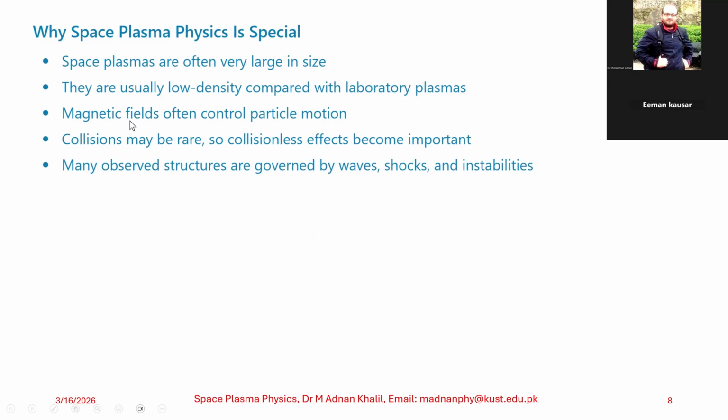So magnetic fields often control the particle motion. As I told you, the Earth has a protective magnetic field. They can be influenced to control the motion of the plasma particles. Once the density is low, we can say that the plasma is collisionless. Many observed structures are governed by waves, shocks and instabilities.